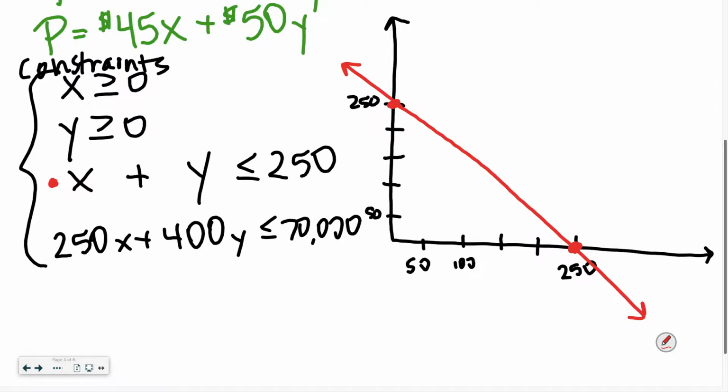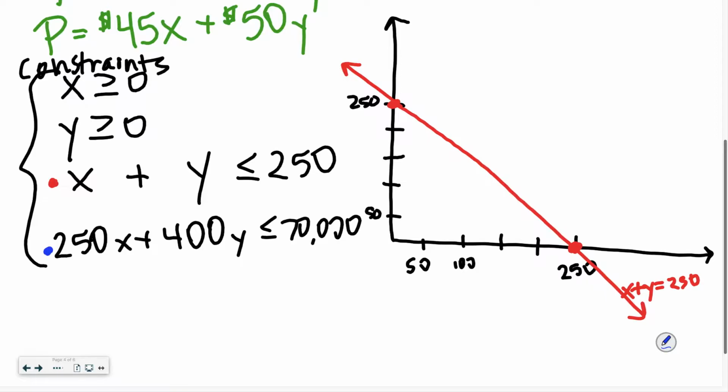Okay. Your calculator is probably going to need to help you with this next one. Okay. I'm going to make a mental note that with this red line we just drew, well, I probably should label it, right? X plus Y equals 250. We are going to want to shade towards 0, 0. Okay? Help me out using your calculator.